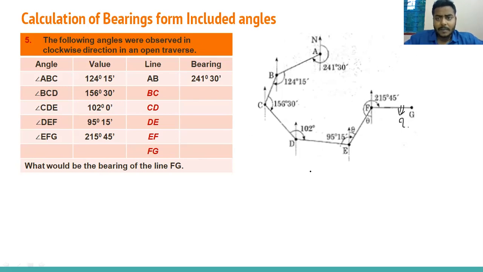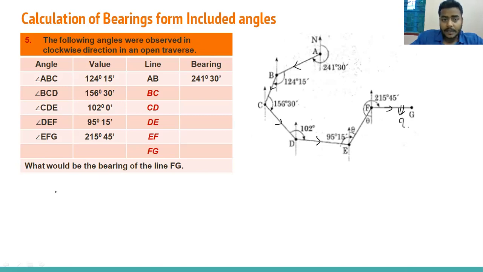Here bearing is given. It can be a forebearing or back bearing, but according to the figure, we can say this is the forebearing, because our progress of work is A to B like this, and the assumption is taken at A towards B. So this is the forebearing of line AB.